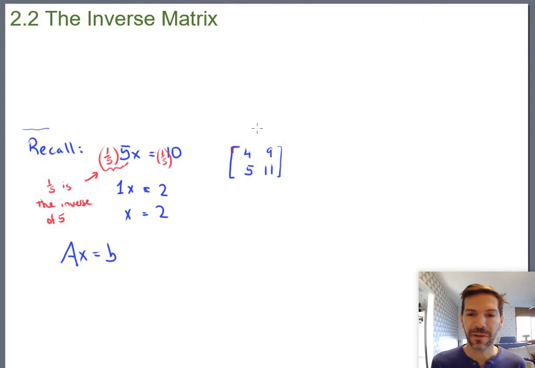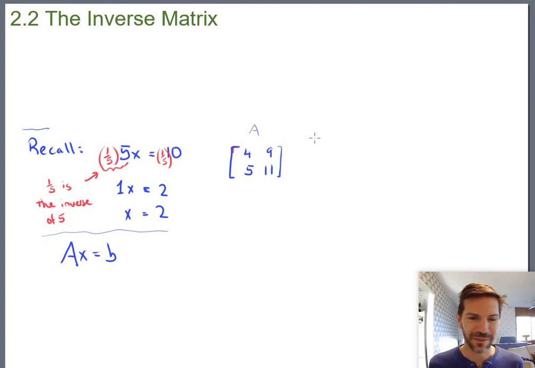So suppose our A matrix here is 4, 9, 5, 11. And I'm going to try to solve this matrix system down here, not by row reduction, but by this multiplying by the inverse technique, which should allow me to solve for x.